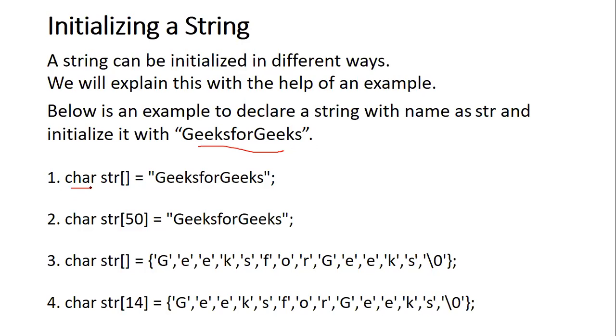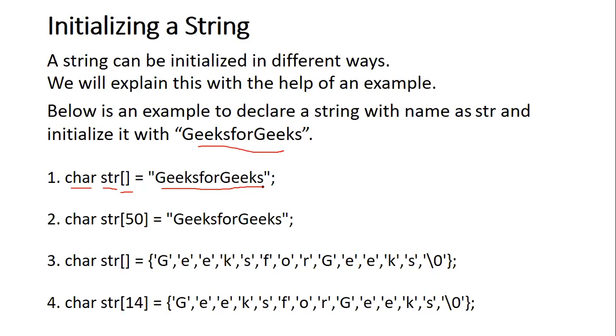First, we declare the data type as character, char. Then there is the name of that array or string, that is str. You can write any name in place of str. Then for the size, we are declaring an empty size. We are not giving the size of that array, and initializing the array with geeks for geeks.